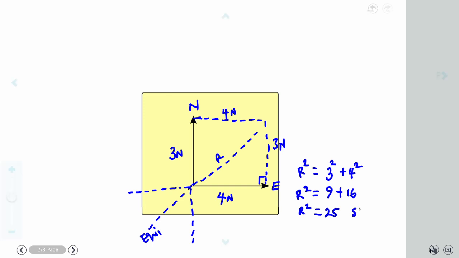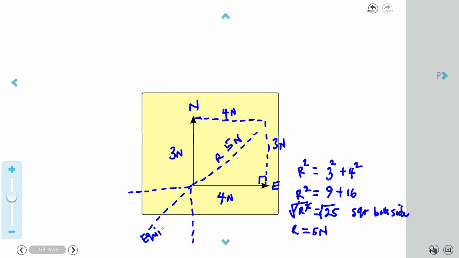Then we can square root both sides. Square rooting both sides, we have the square root of r square and the square root of 25, of which the square cancels out the square root, and then r is equal to the square root of 25, which is 5 Newton. So if the equilibrium is meant to be equal in magnitude, that means the resultant here being 5 Newton would also have an equilibrium of 5 Newton.